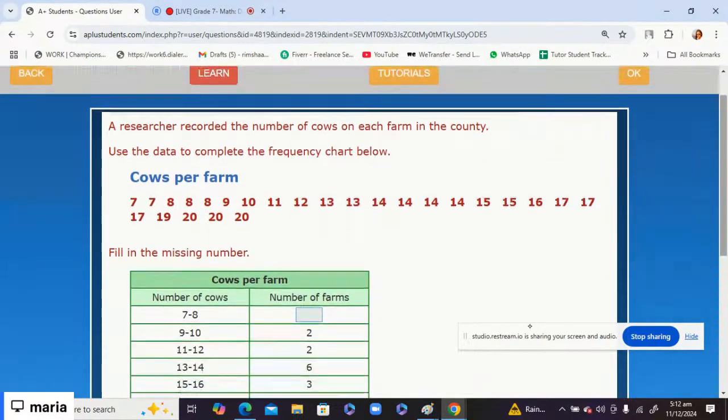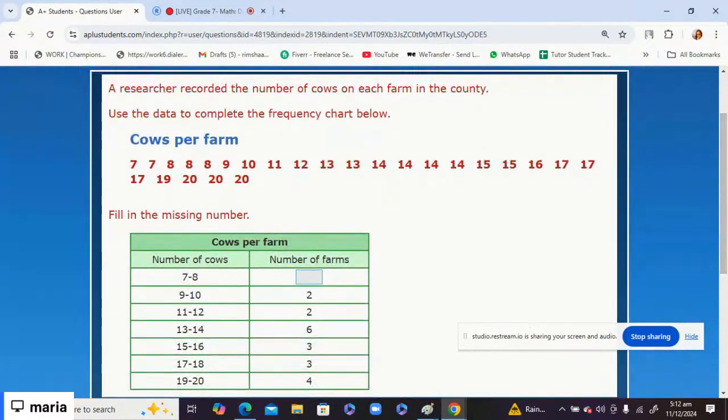A researcher recorded the number of cows on each farm in the country. Use the data to complete the frequency chart below. So here seven different data are given, 7 to 8.